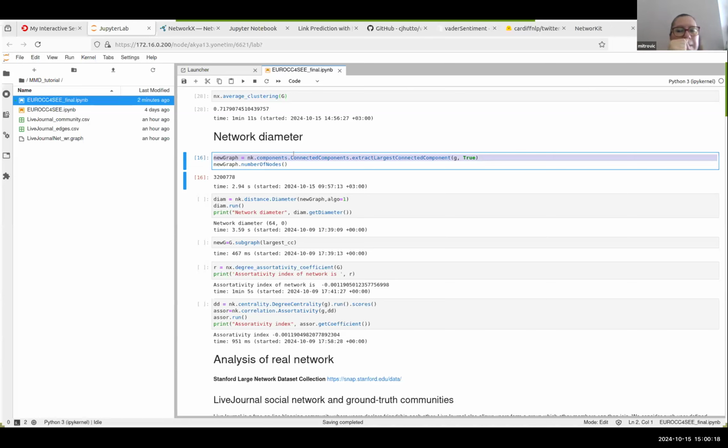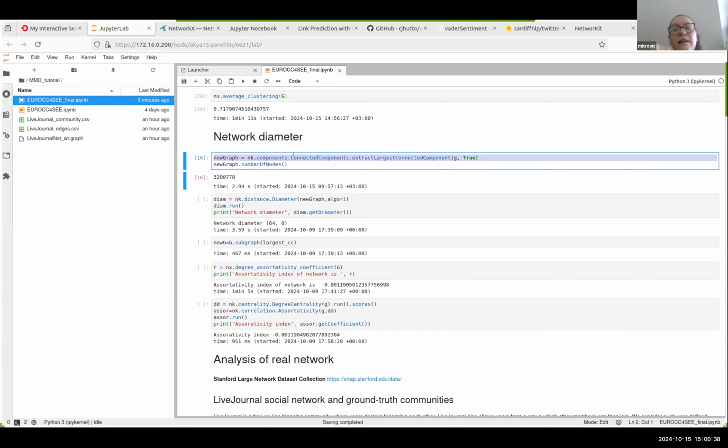Why? Because there is no diameter between two nodes that are not in the same component. So if you really want to find out the diameter of each of your components, you will create a subgraph for each component and then calculate the diameter of this specific component.